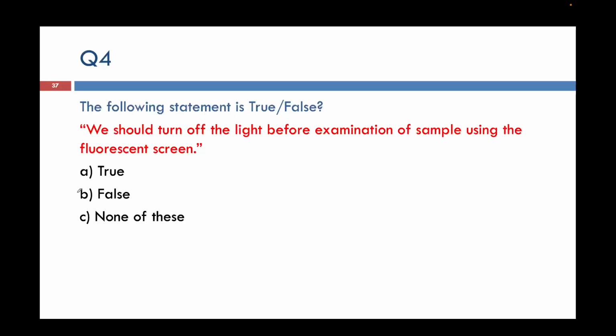Why do we turn off the light? Otherwise it will damage the fluorescent screen. There is a fluorescent screen associated with the TEM where we see how our pattern is looking like. If we keep the light on, then the fluorescent screen will get damaged. So this is the true answer.